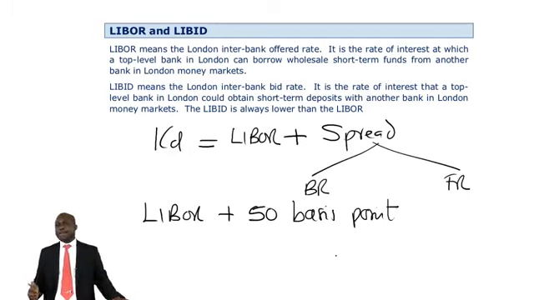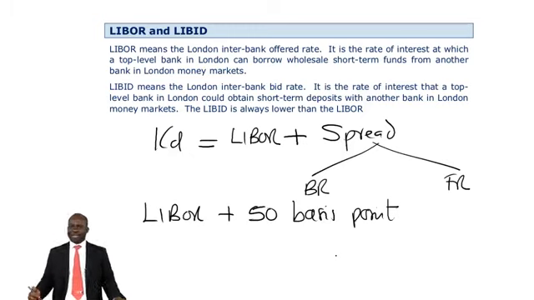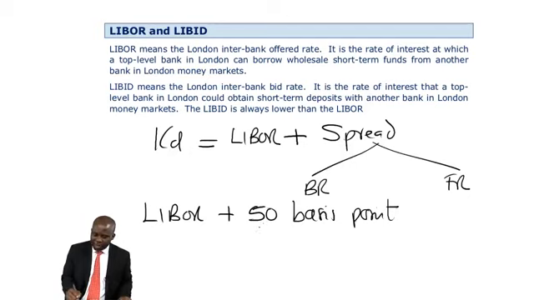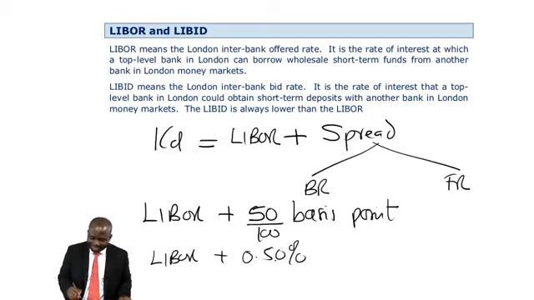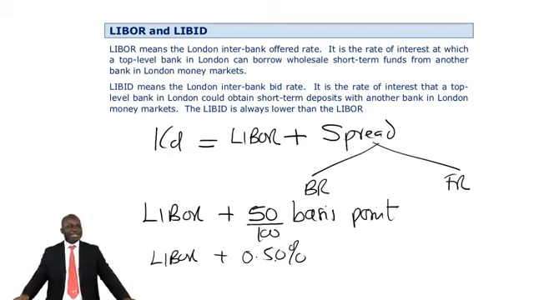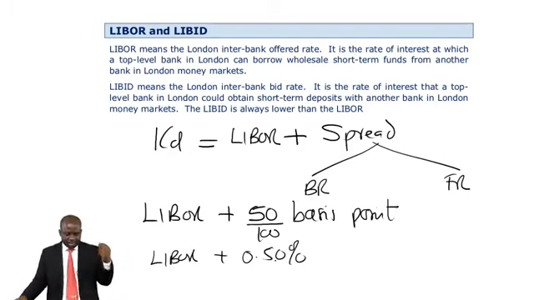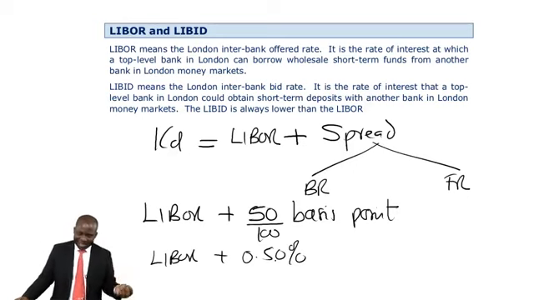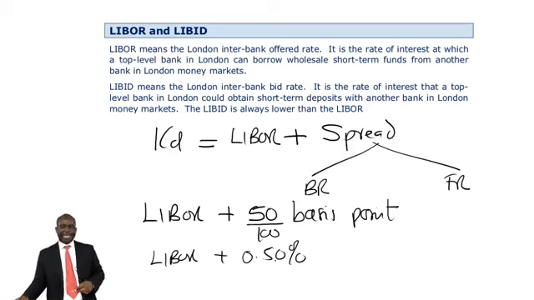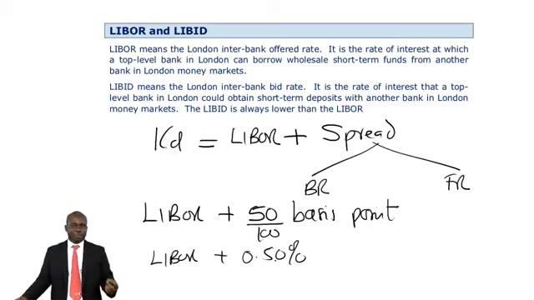When we say basis point, it is referenced to 100. So when I say 50 basis points, you divide this by 100. This is LIBOR plus 0.50%. So instead of the examiner saying you borrow at LIBOR plus 0.5%, he might say LIBOR plus 50 basis points.